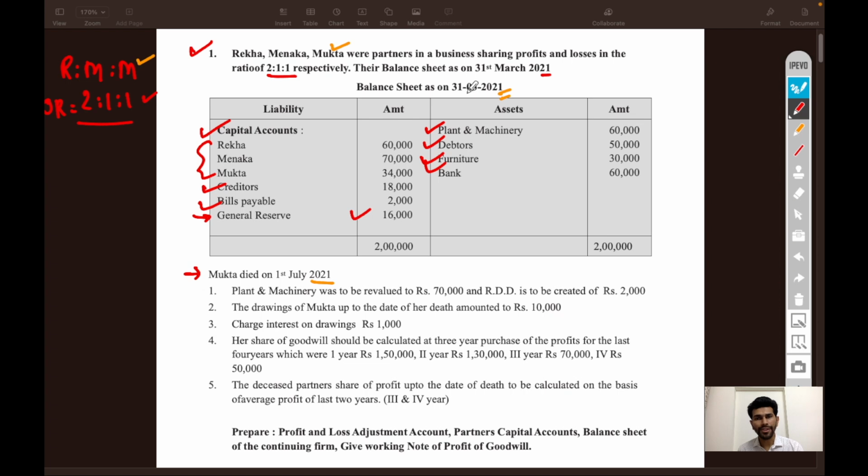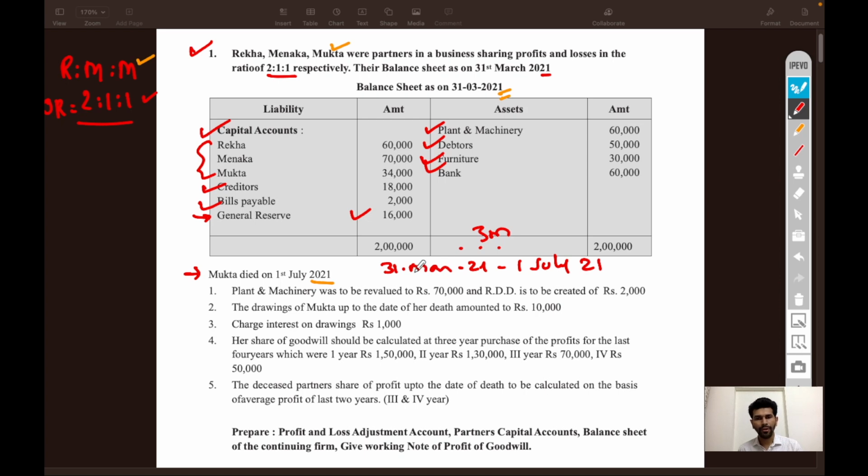So from the balance sheet date, that is 31st March 2021, till 1st July 2021, that is April, May and June, 3 months. Remember, March is over, so April, May and June, 3 months are there.